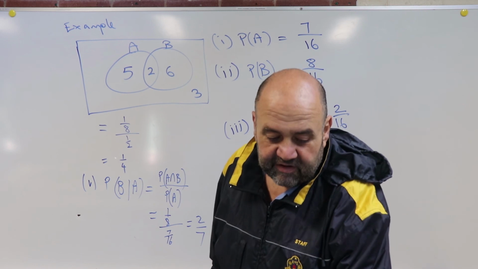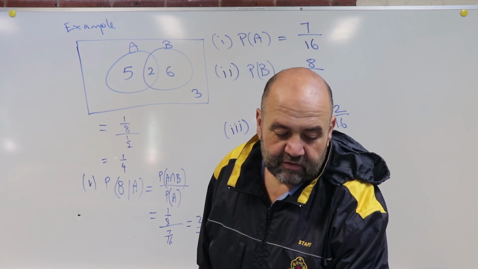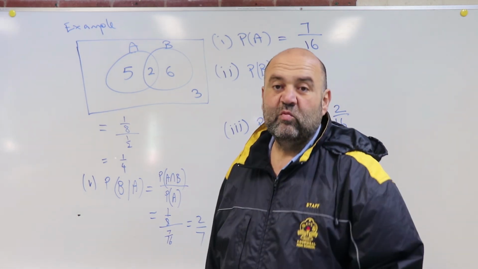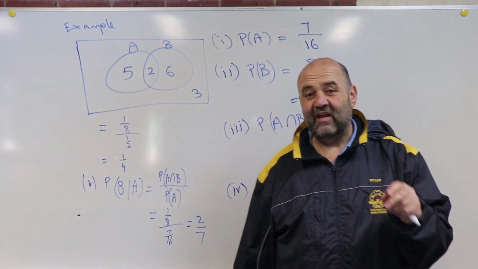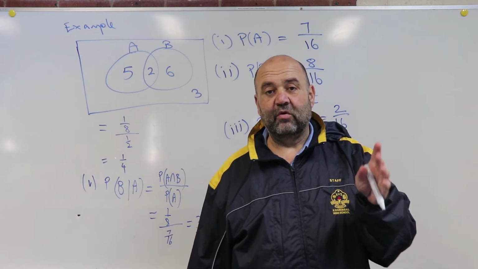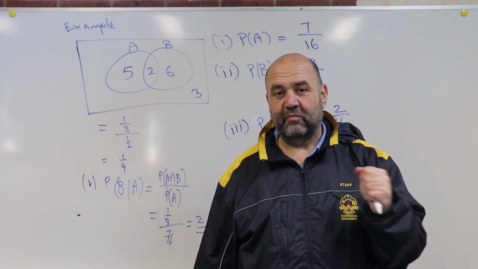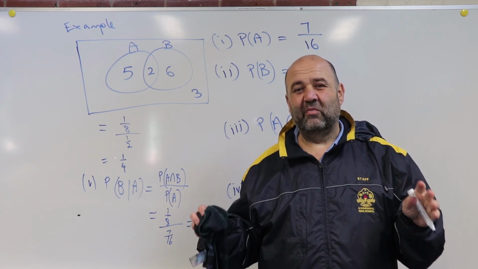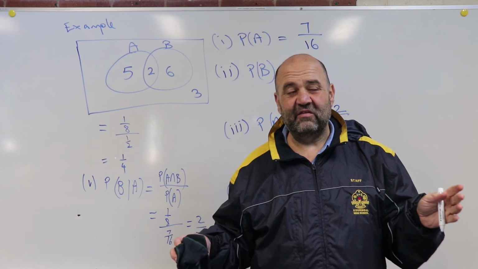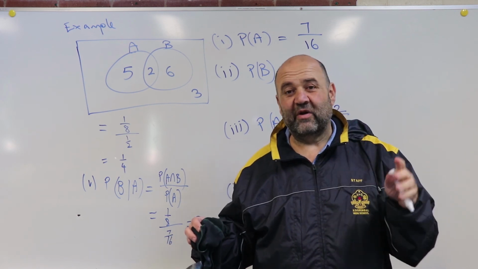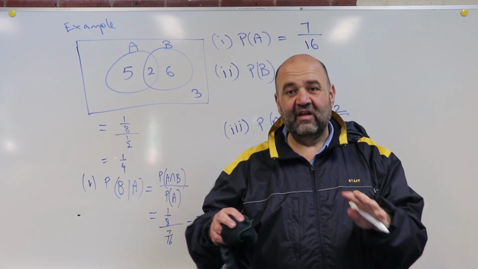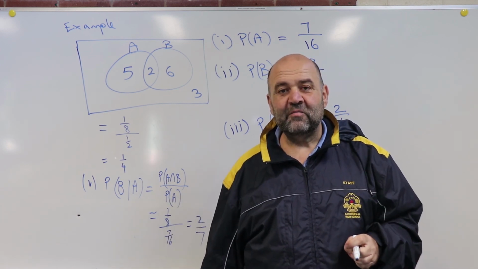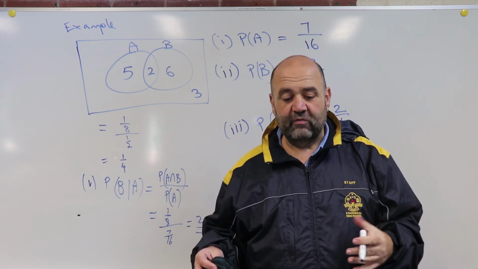I'd like you please to do all of questions 1 to 6. Now there's a lot there, but I think it's really important that you get a lot of this practice under your belt. Because, as I said, a lot of this conditional probability stuff is really a comprehension activity. We get good at comprehending when we immerse ourselves in that sort of lingo. So I want you to do all of questions 1 to 6, please.